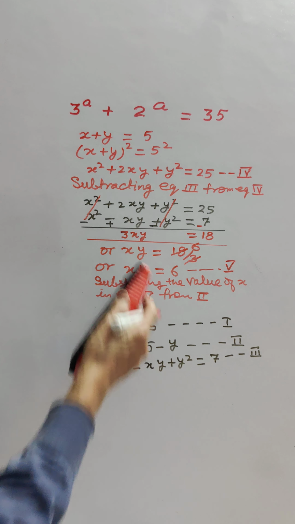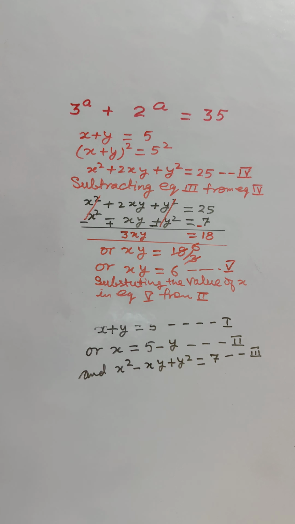So this will become 5 minus y into y is equal to 6, or we can say multiplying this, 5y minus y square is equal to 6.